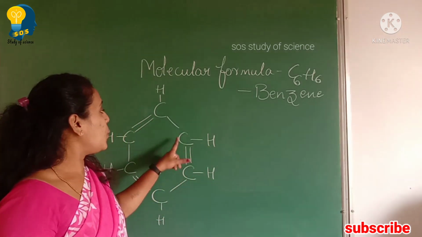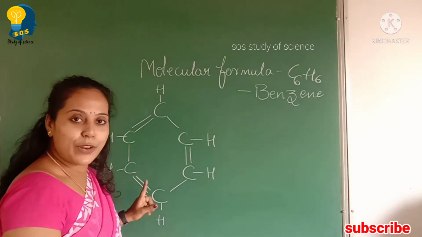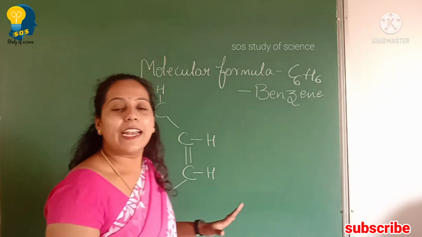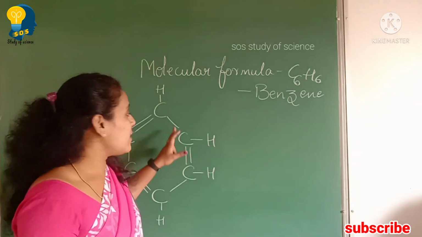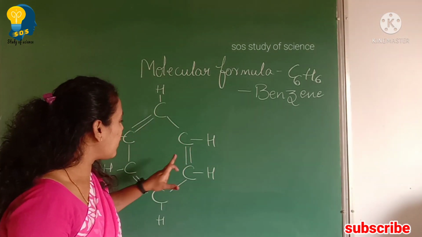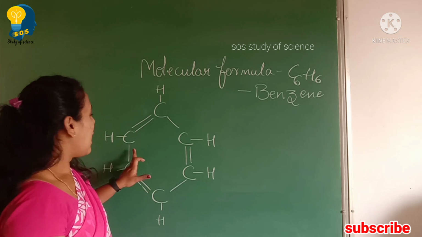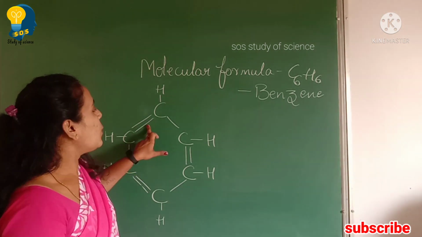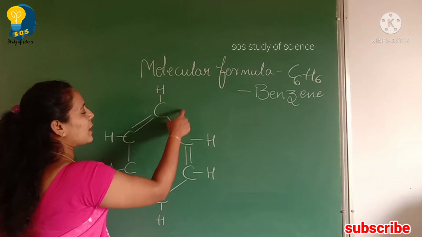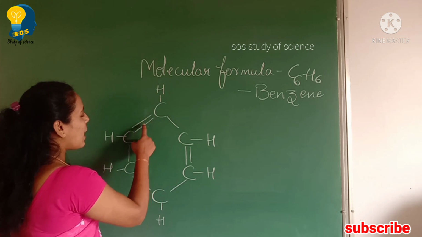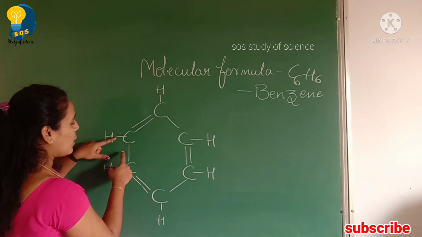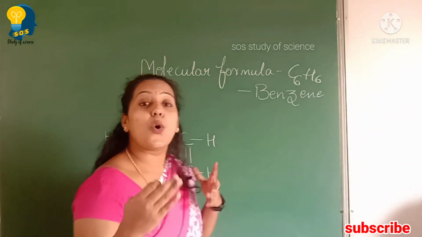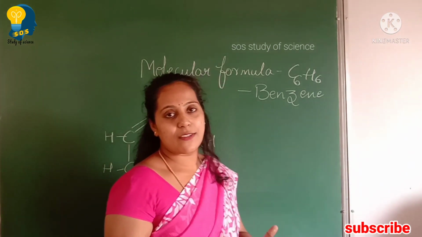If we write 2 bonds after every carbon, what happens? It will lose its stability. That is the reason we have written alternate single bond, double bond, single bond, double bond, single bond, double bond. You can observe now every carbon is surrounded by 4: 1, 2, 3, 4, and this carbon is 1, 2, 3, 4, because carbon forms covalent bonds. It shares the electrons.